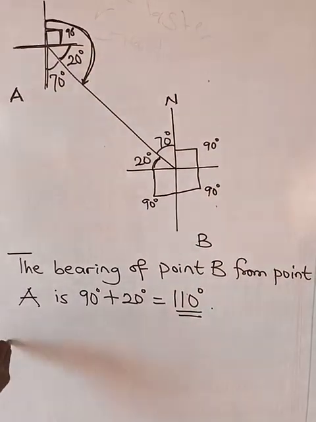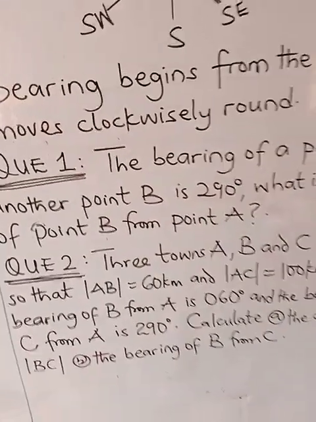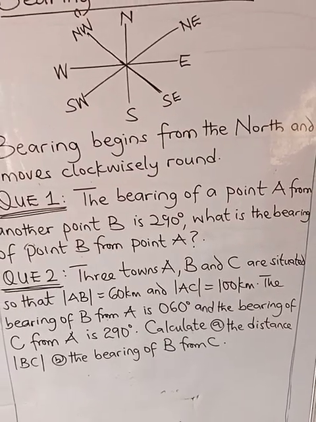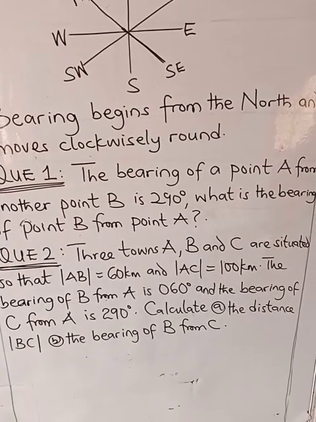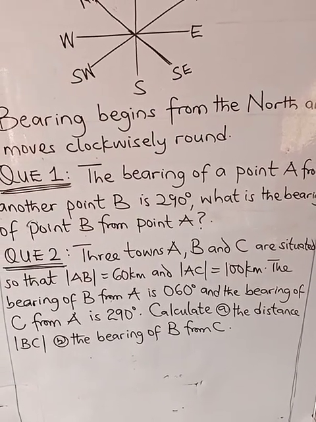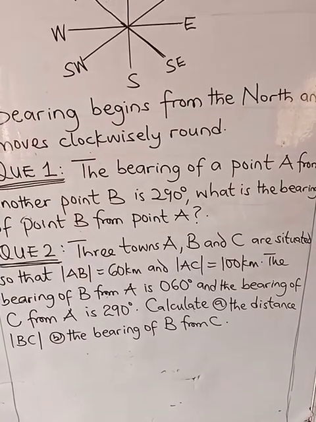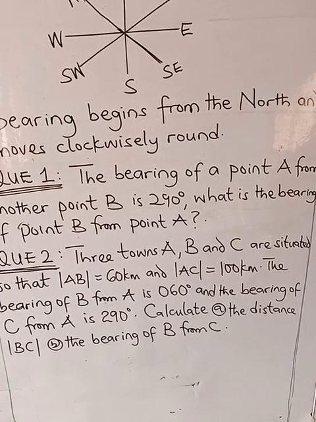So we move to number two now. The second question is a bit more complex than the first one. Three towns, A, B, and C, are situated so that the line AB is 60 kilometers and line AC is 100 kilometers.